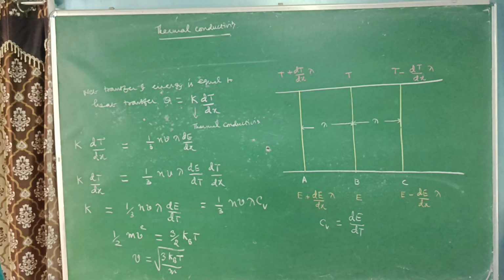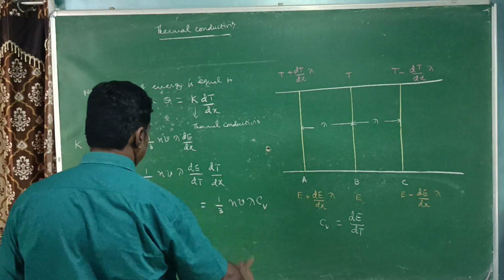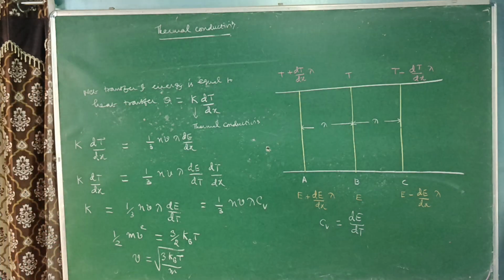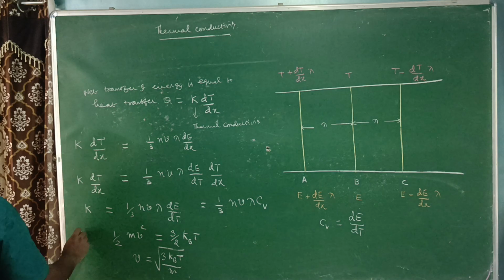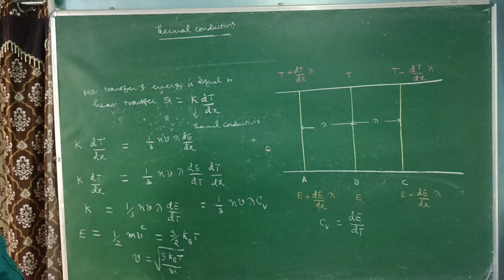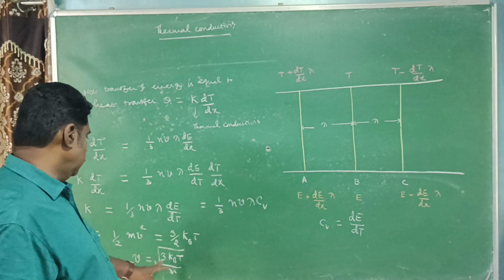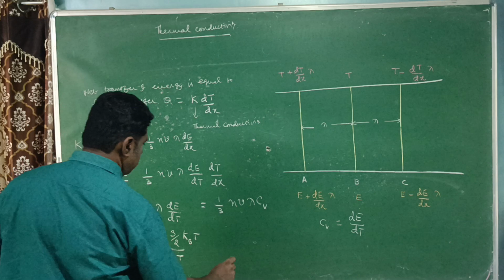Furthermore, you may write the value of Cv also. The value of Cv equals d by dT of E. Say E equals half mv square equals 3/2 into kB T. From this, v equals the square root of 3 kB T by m. Then find out the value of d by dT.